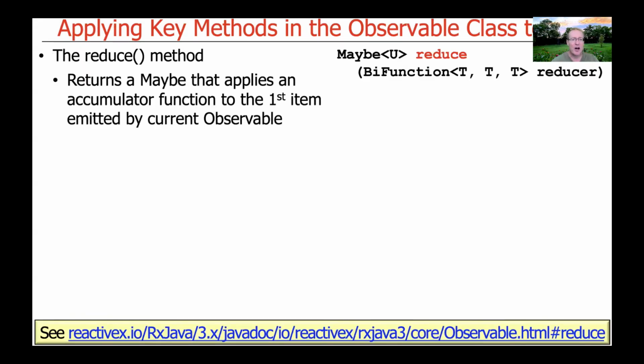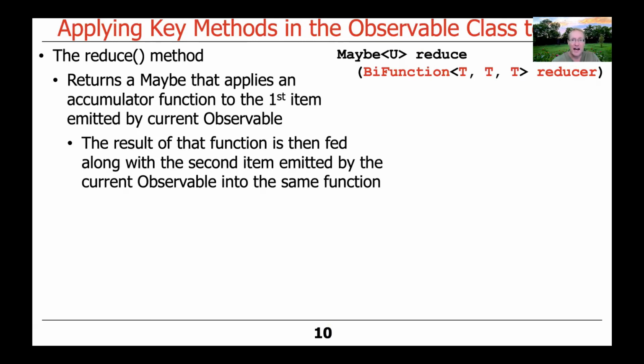So let's start off by talking about reduce. Reduce is an operation in RxJava that returns a Maybe. We'll talk about what a Maybe is in a minute. This applies an accumulator function to the first item emitted by the current observable. The result of that accumulator function is then fed, together with the next element emitted by the observable, into the same function.